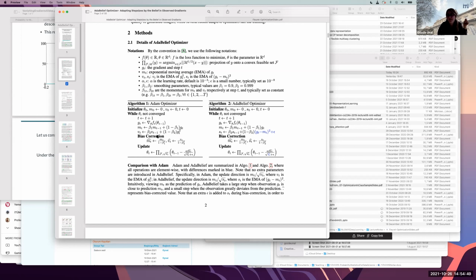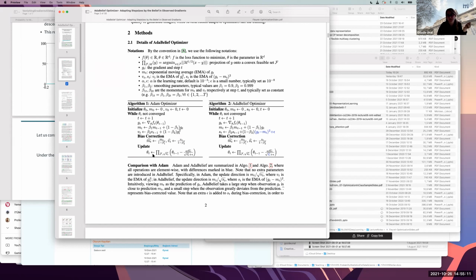Now you see bias correction is applied as we just saw here. Divide your accumulated momentum terms by 1 minus beta to the power t. Beta 1 and beta 2 are again hyperparameters. Both the mean momentum and the squared momentum are bias corrected.